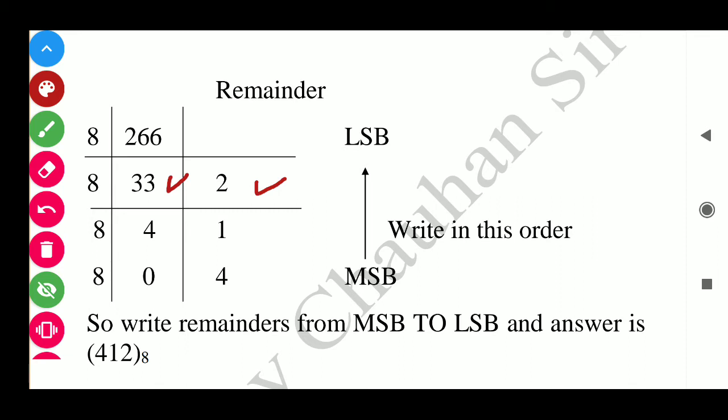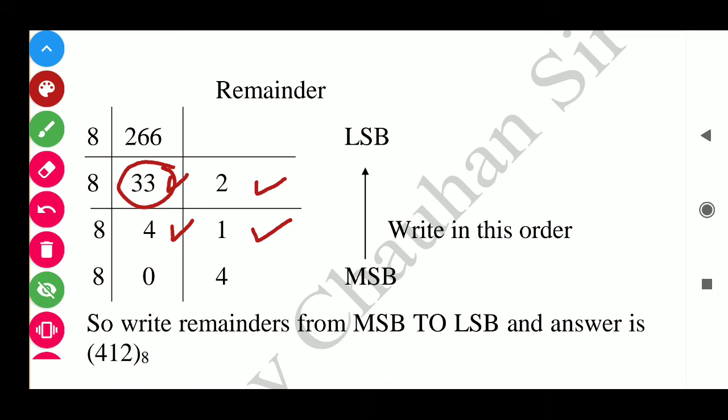Same way, do you understand? If you divide this 33 by 8, the quotient is 4, since 8 4s are 32. So the quotient is 4, remainder is 1.